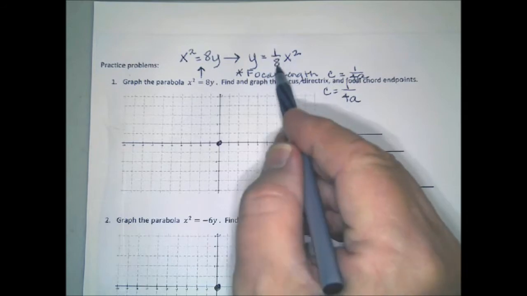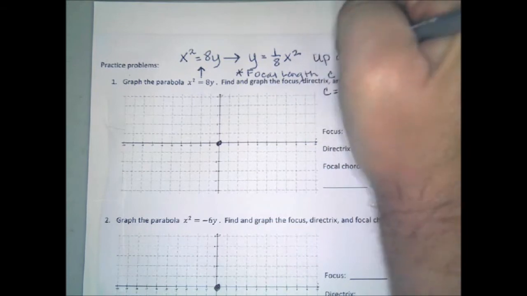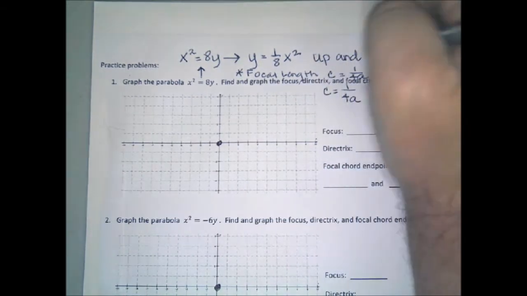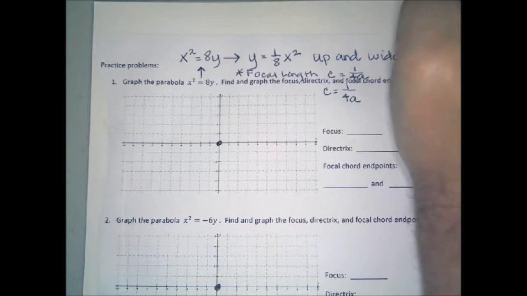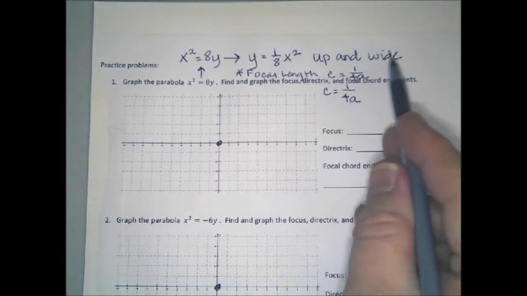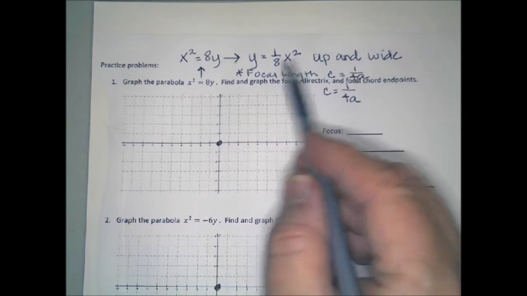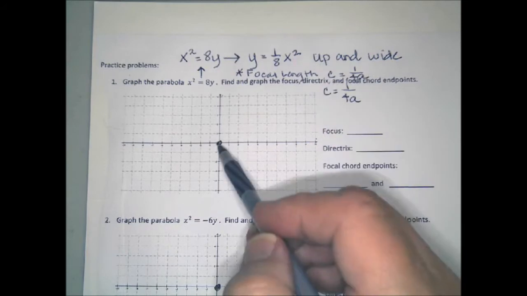It's up because the 1/8 is positive, and because it's 1/8, it's relatively wide. So this is going to be an up wide parabola. Now, we also know it hasn't been translated at all, so it's still at 0, 0.